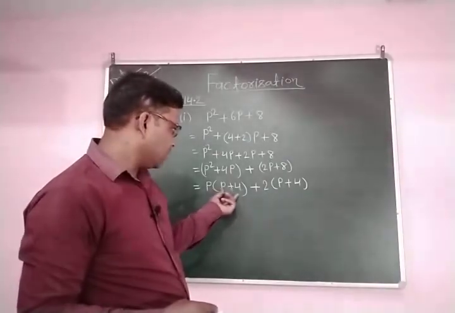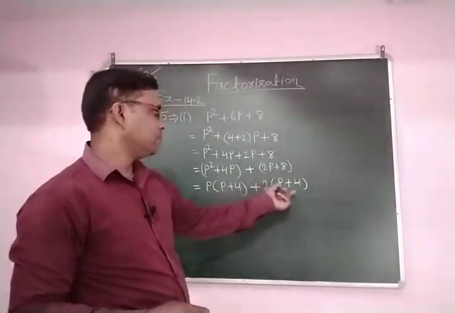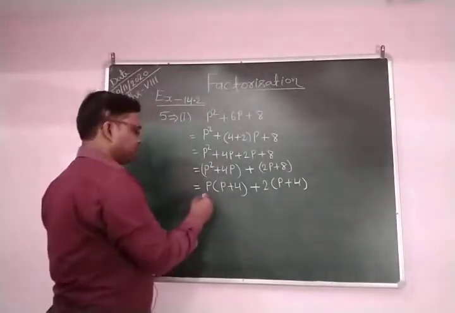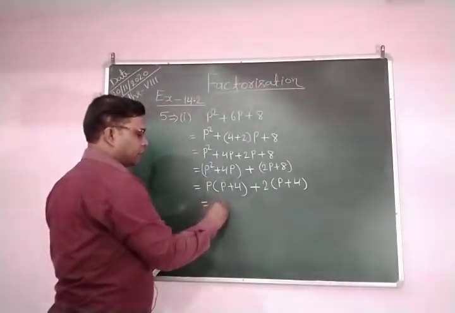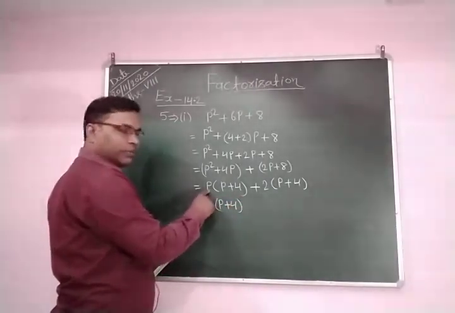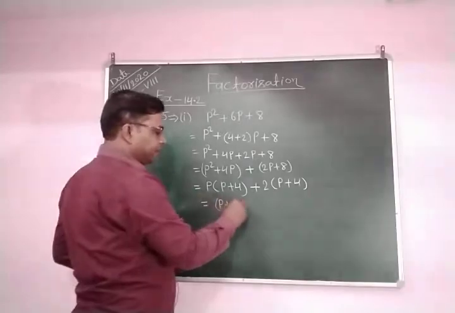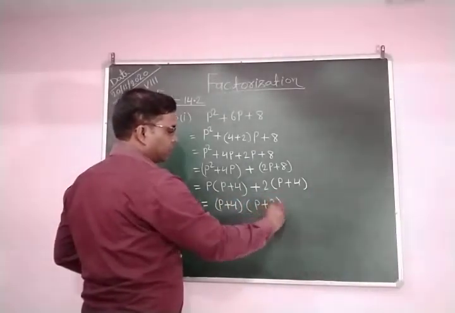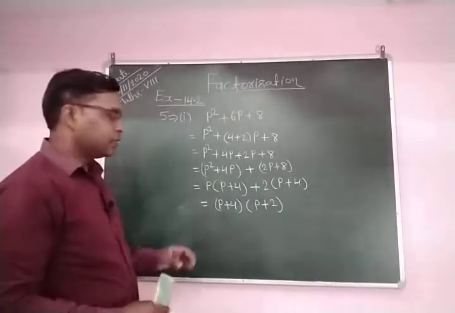Now here you can observe that p plus 4 is common between them. Then you can take p plus 4 common. If you take p plus 4 common, then what do you obtain? You obtain p, and plus 2. Clear?